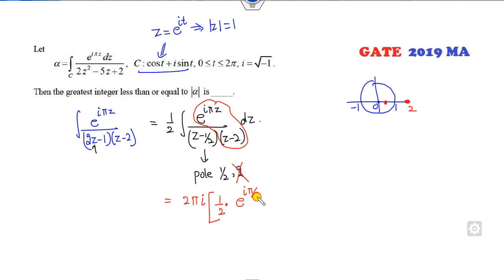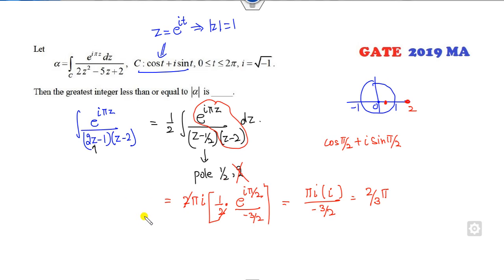Iota pi over 2, and half minus 2 is minus 3 over 2. So the 2 will be cancelled out. It's pi iota. What is the e of this? It's cos pi over 2 plus iota sin pi over 2, that's iota, divided by minus 3 over 2. It's minus 2 over 3 pi.